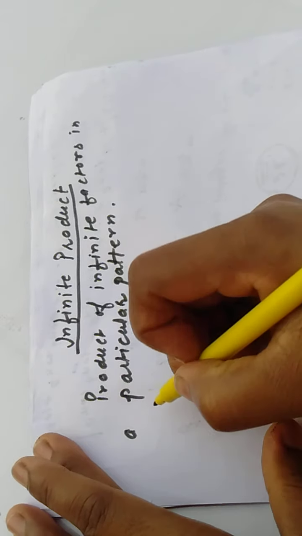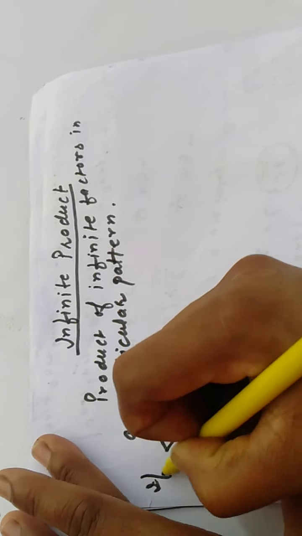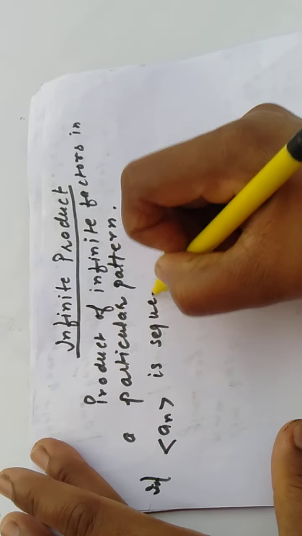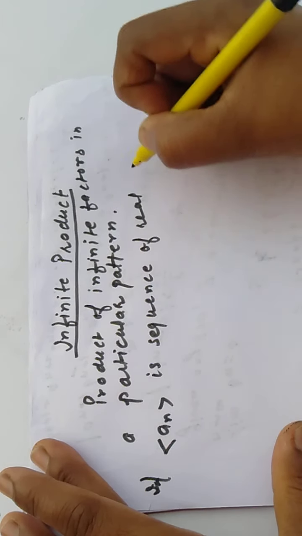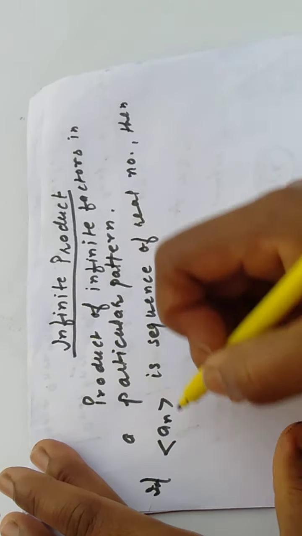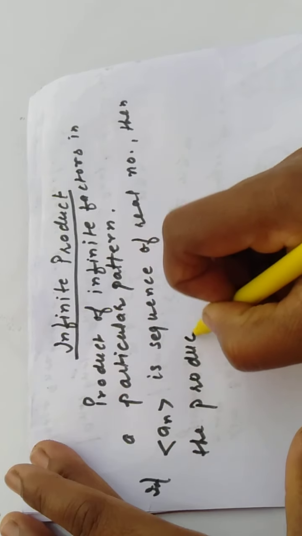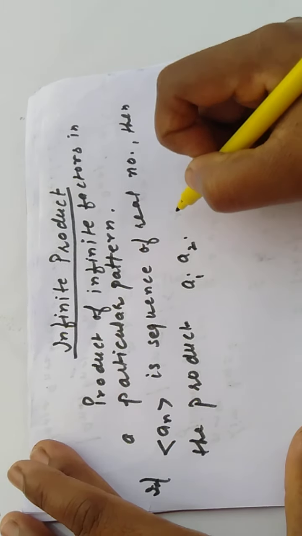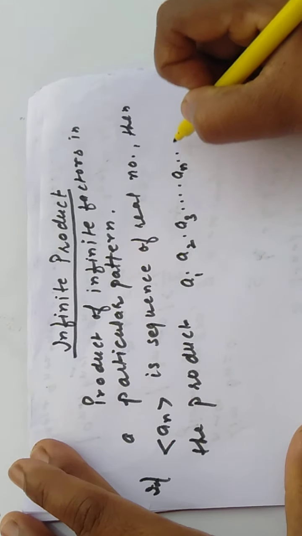That is, if a_n is a sequence of real numbers, then the product a1 into a2 into a3 and so on, somewhere it is an and so on.